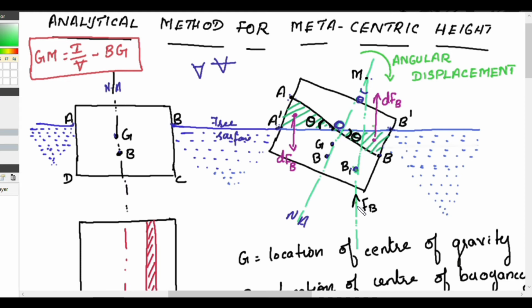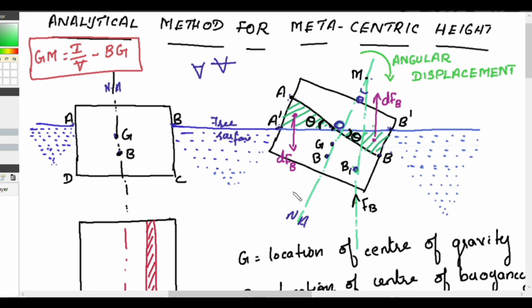So using this principle, we are going to derive the formula for metacentric height. This is the concept, the principle behind this. Now, what is the moment of this couple? dFB into the distance between these two. What is the moment of this force FB? FB into distance BB1.